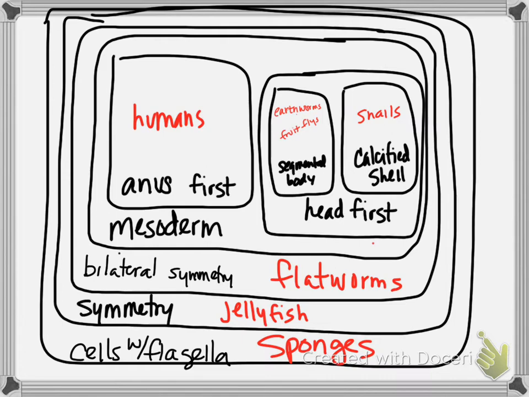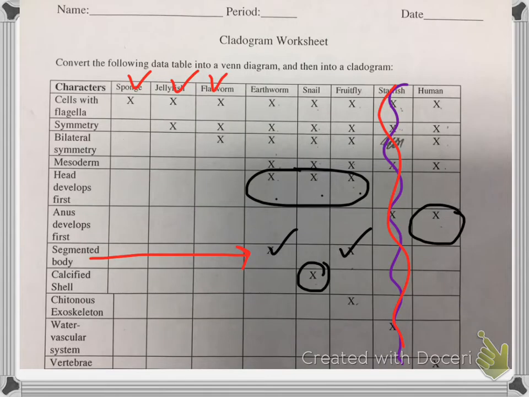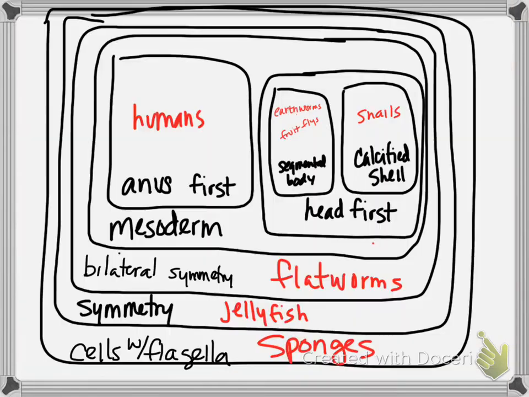Now, is there anything else that we need to cover for fruit flies? They have a chitinous exoskeleton. So chitin, who here has ever smashed a bug of any sort? But if you've ever smashed a big beetle, you know how they kind of crunch?